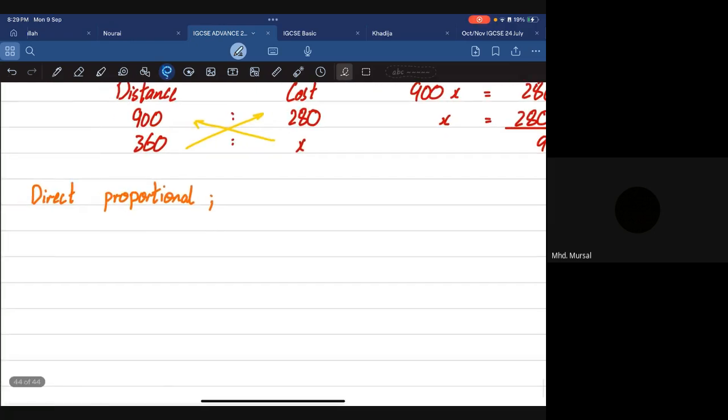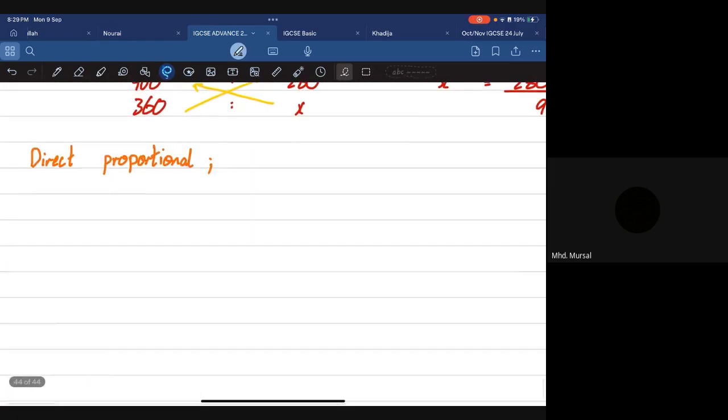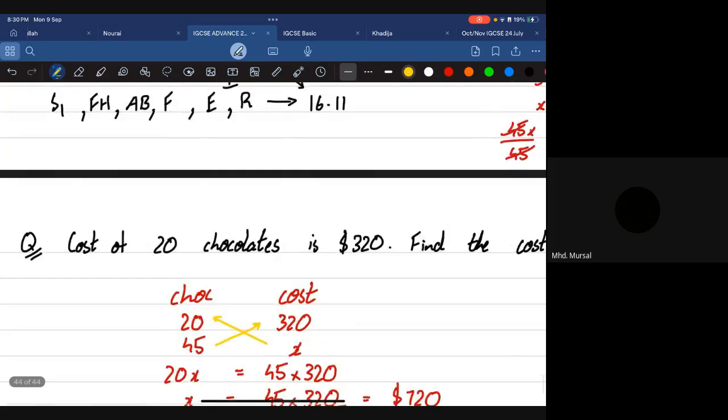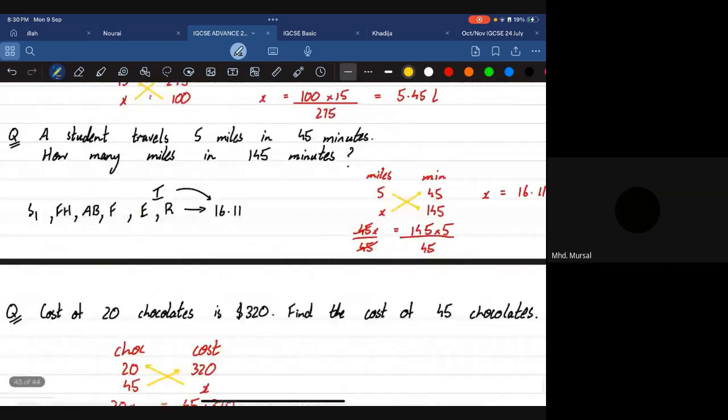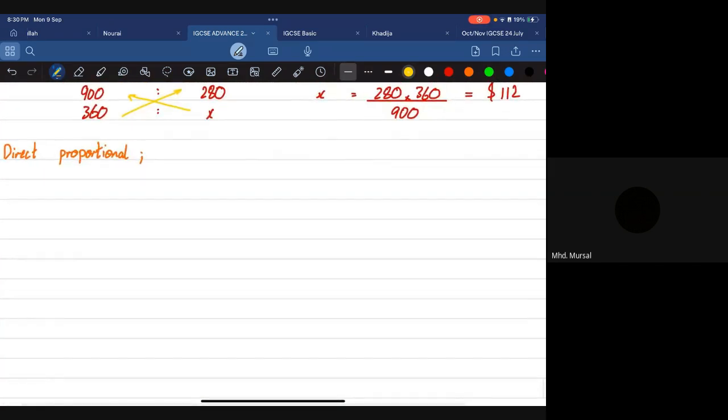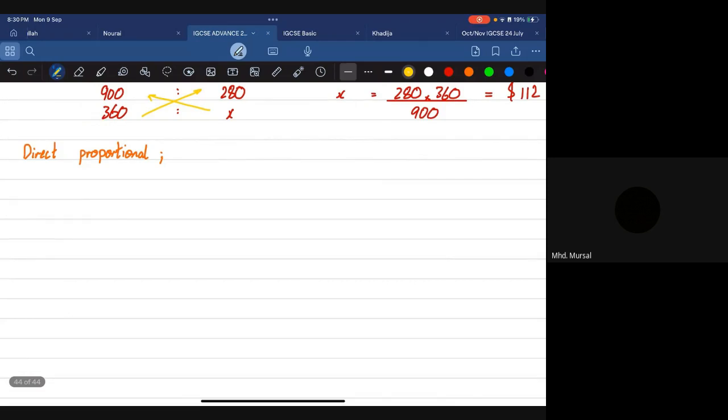Now, how do I mathematically prove this? That's going to be the key. First and foremost, we discussed proportionality, in which ratios were discussed. When we're talking about direct proportion, we often talk with reference to X or Y. In math, we do not specify the specific quantity itself, but we specify it in terms of variables.